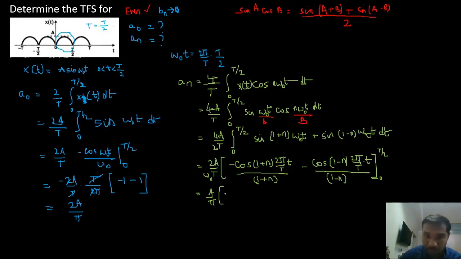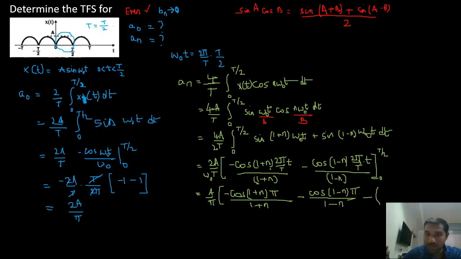I'm left with minus cos 1 plus n into pi divided by 1 plus n, and T by 2, if I substitute here, I have cos 1 minus n into pi again, divided by 1 minus n, minus of, in place of t, now I'll put 0.